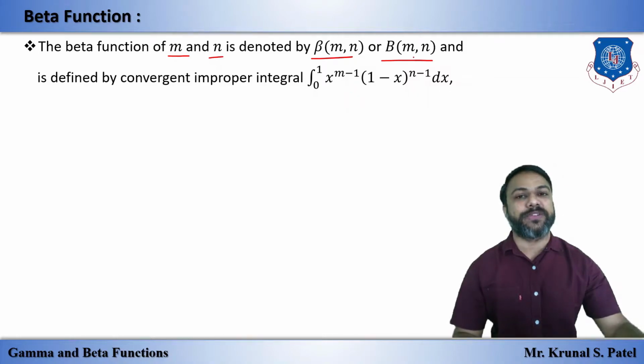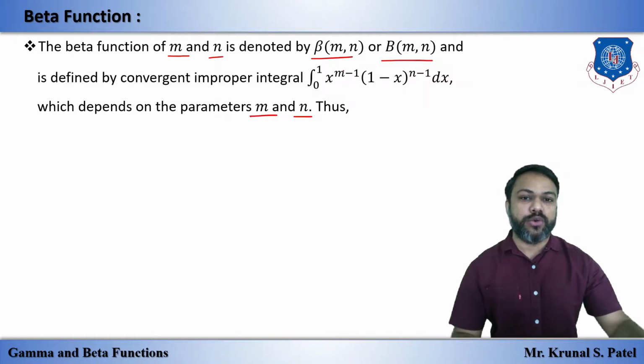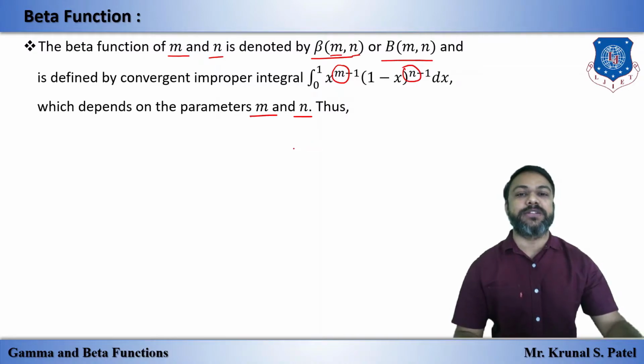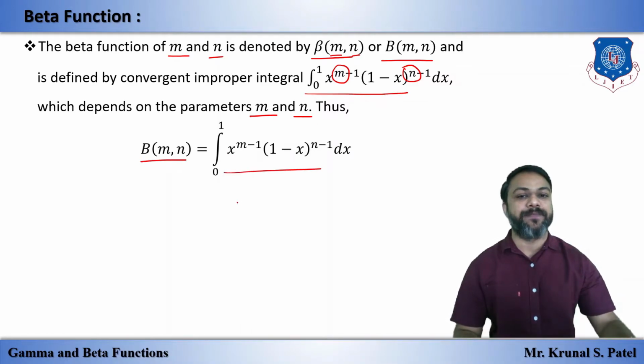This is a special kind of improper integral which depends on the parameters m and n. So as m and n change, the integral changes. Thus, beta mn is given by this integration. This is the definition of the beta function that you have to remember to prove the properties.